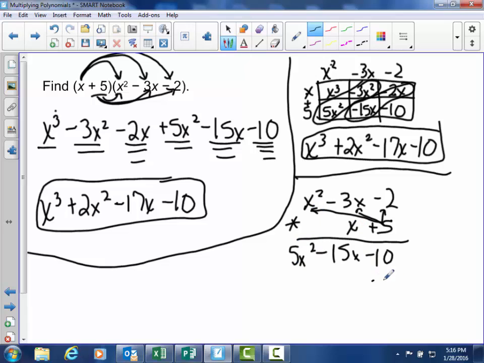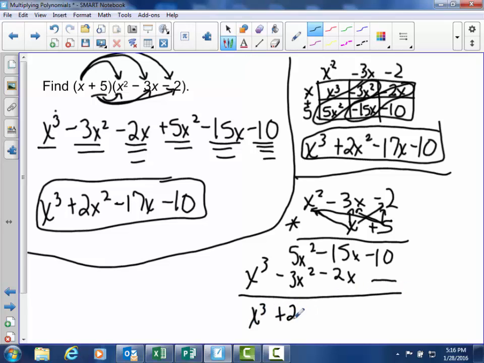Then we leave a blank or put a 0, and then we multiply x times negative 2, x times negative 3x, and x times x squared. And then we add them together, and we get x cubed plus 2x squared minus 17x minus 10.